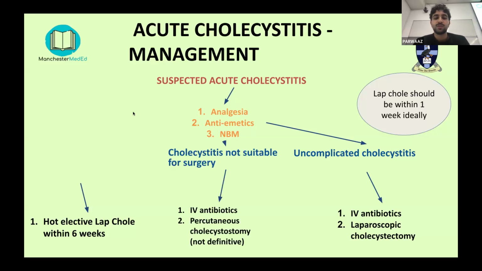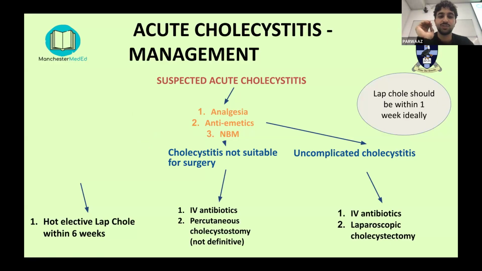So the other situation is someone who's got cholecystitis and isn't suitable for surgery. This can be due to comorbidities, malignancy, etc. And what we can do for them, and I'll show you a picture later, is essentially give them IV antibiotics and do something called a percutaneous cholecystostomy. If you remember when I went through suffixes, ostomy means opening.